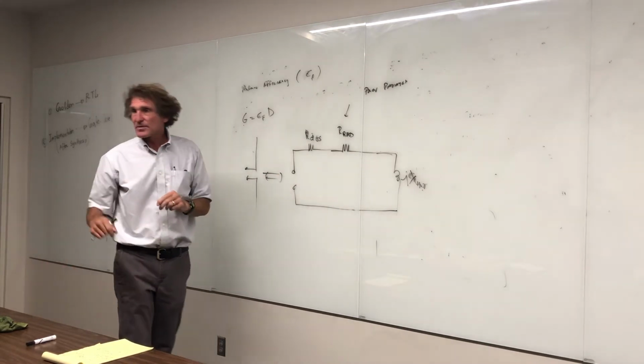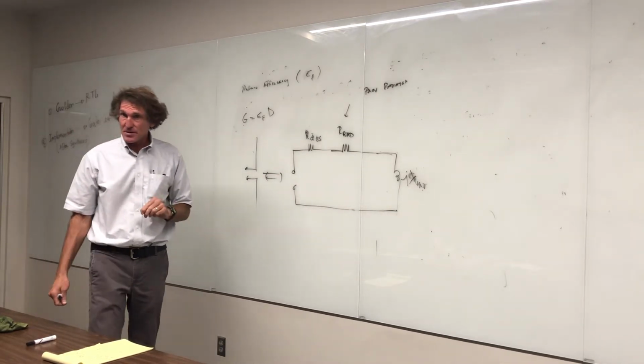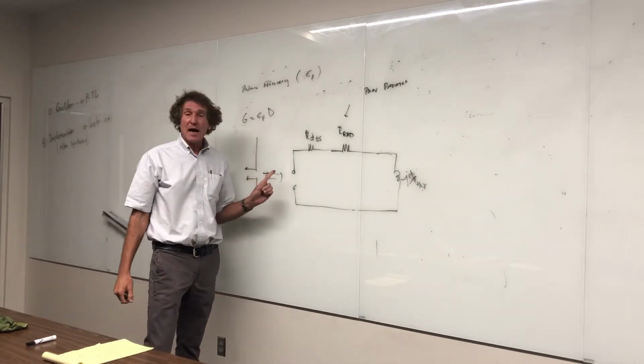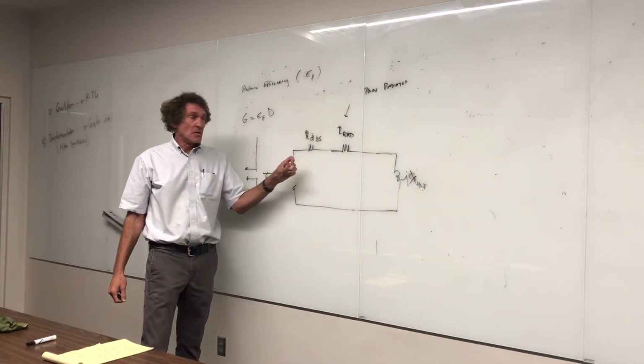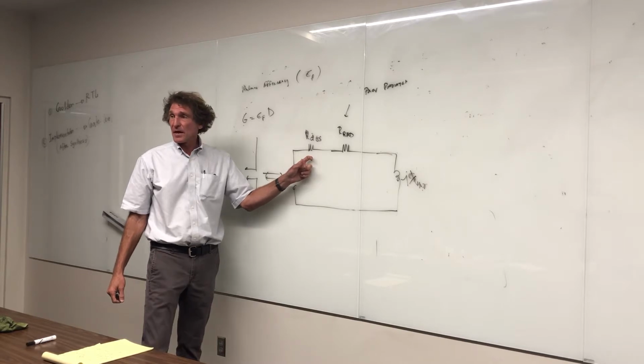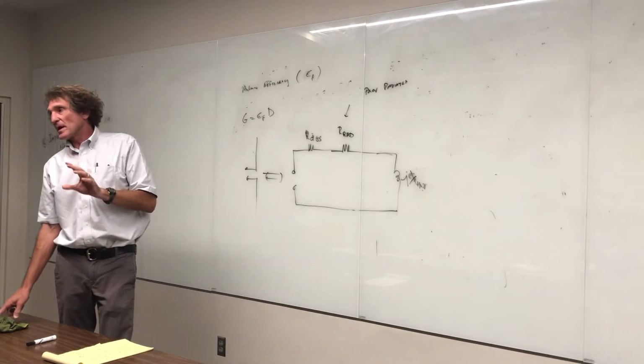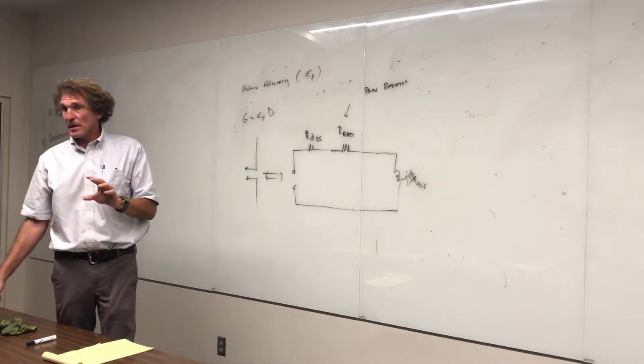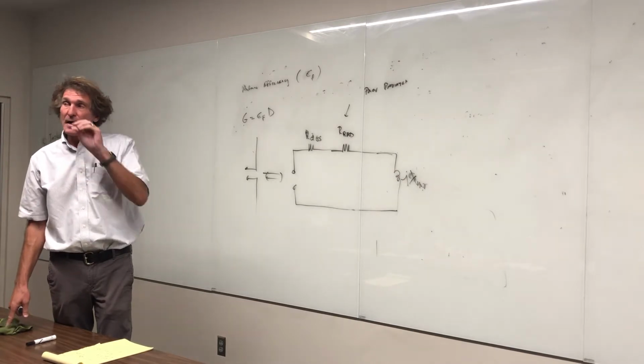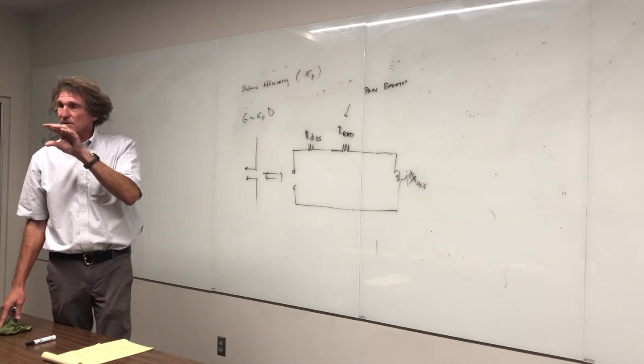Now, I'm going to ask you this too. Based on what I just said, you all see how the more current you put through there, the more loss here, and the hotter the thing gets? Because of the dissipation. That's why when you get small antennas, you've got to be careful. You may not have to do this for a while, but it may come up if you're trying to build a radar. They have a maximum average power that you can actually drive them at.